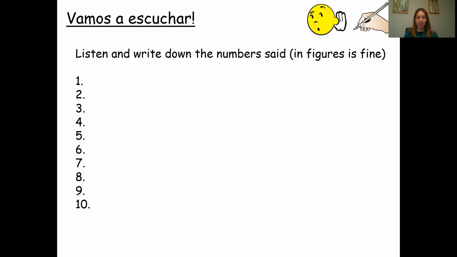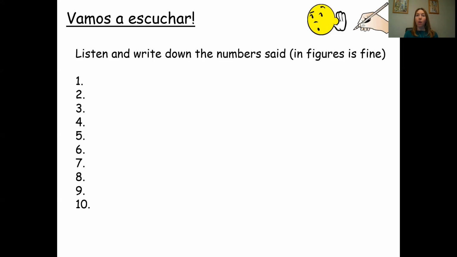Número 6. 37. Número 7. 61. Número 8. 50. Número 9. 72. Y número 10. 94.